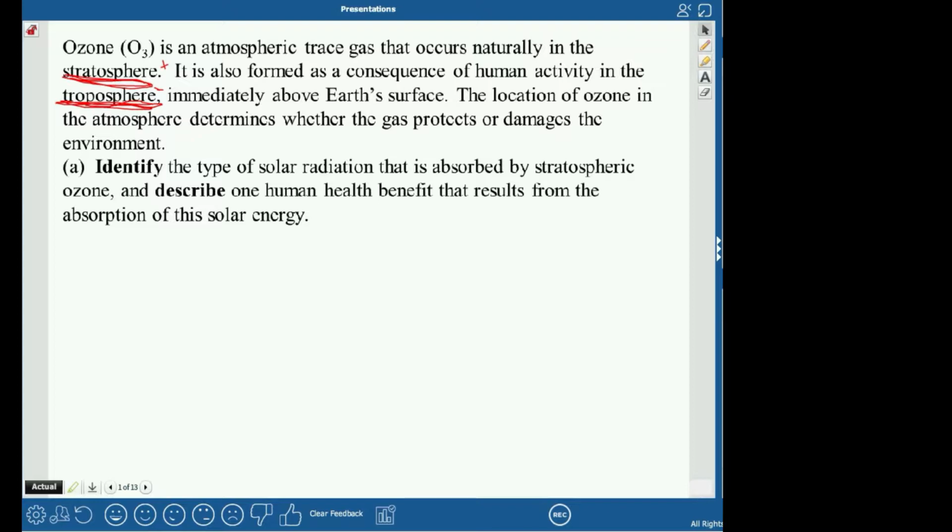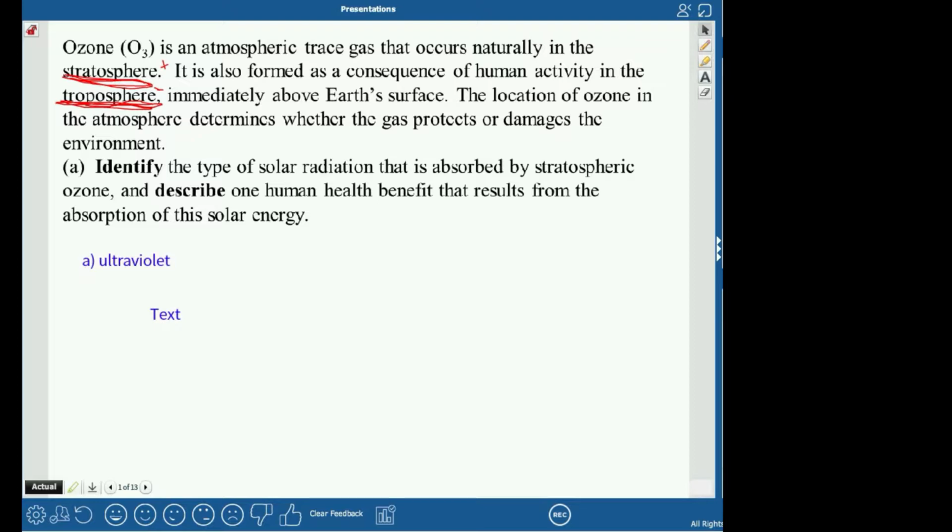For the type of radiation, you think they want something specific, like UVA or UVB, but really, all you have to do is say ultraviolet to get credit.